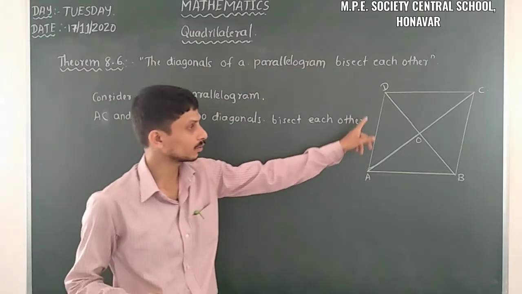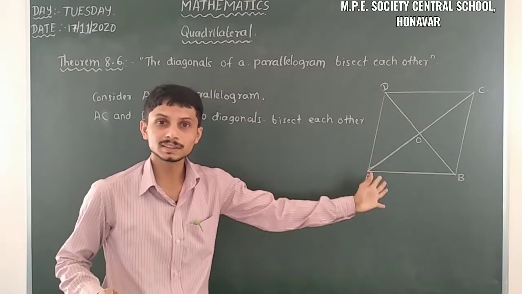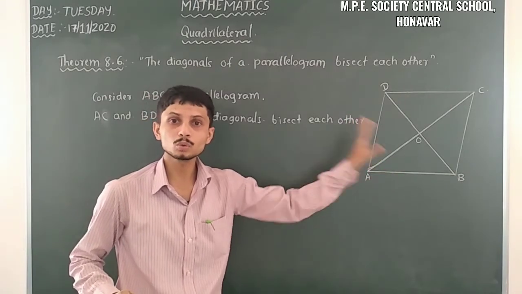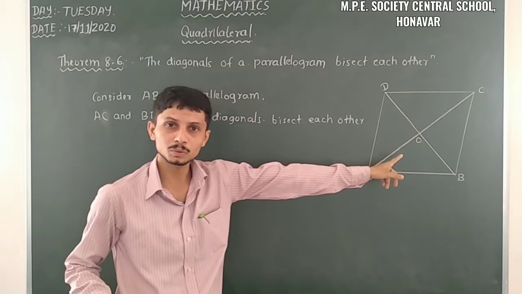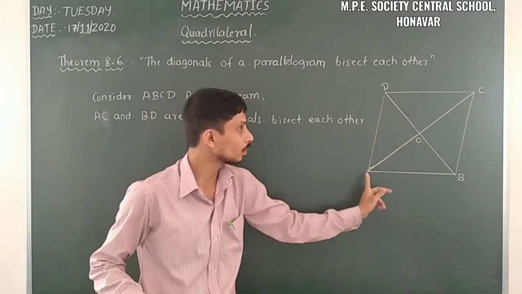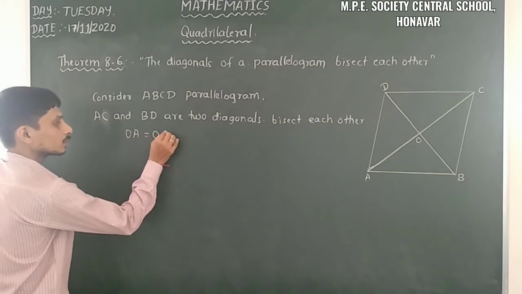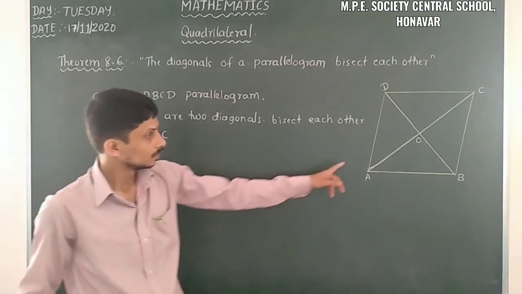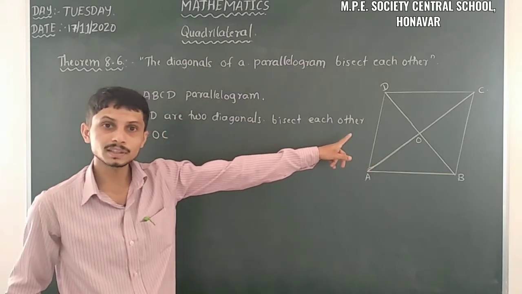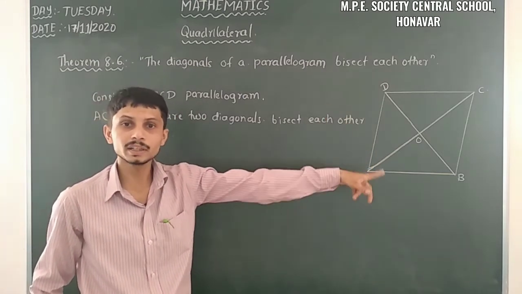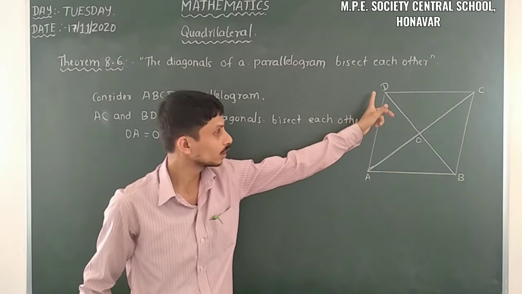Firstly, diagonal BD divides AC into two equal parts, so we take OA is equal to OC. Then the other part: AC divides BD into two equal parts, that means OD is equal to OB.